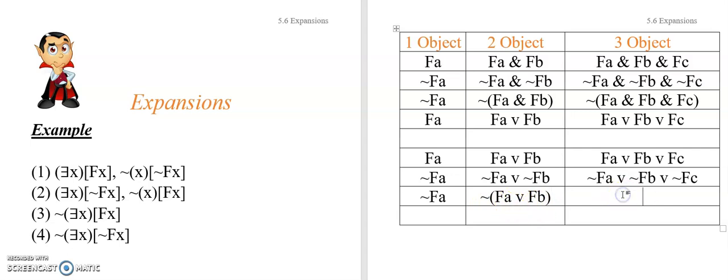And similarly here, it's going to be the negation of what you had in 1 for 3 objects, right? And it's going to look like that.